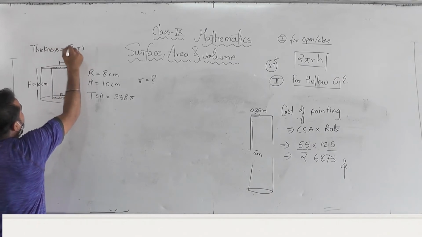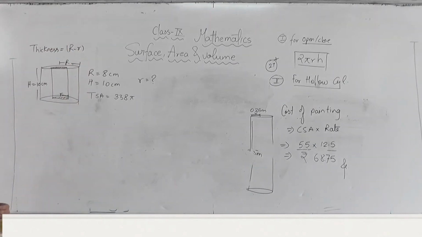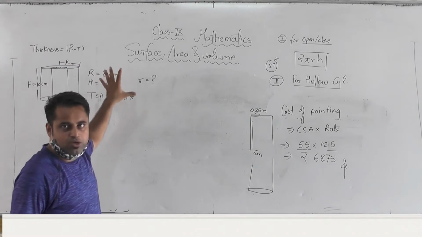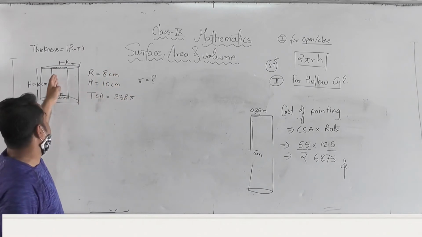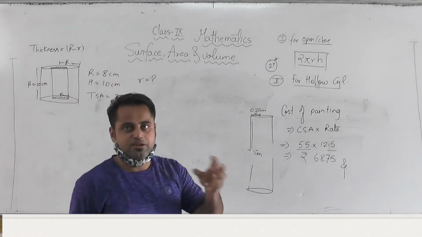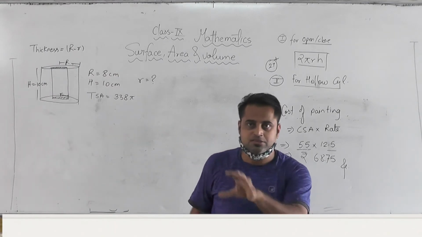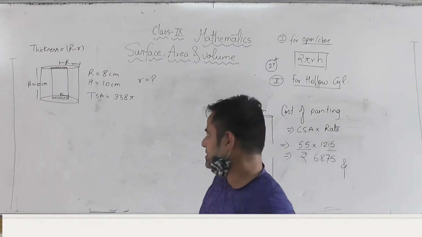R minus r will be the thickness, because the capital R is the length from the center to the outer edge, and small r is from the center to the inner edge. So the difference between the outer and inner radius is the thickness of the cylinder.